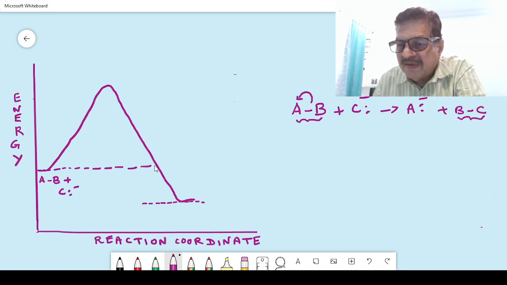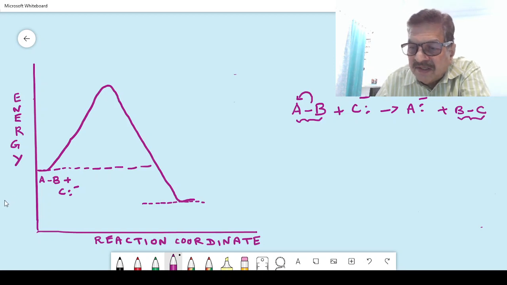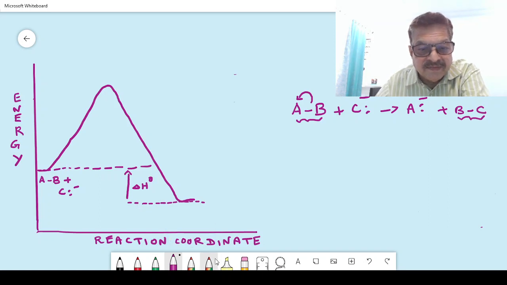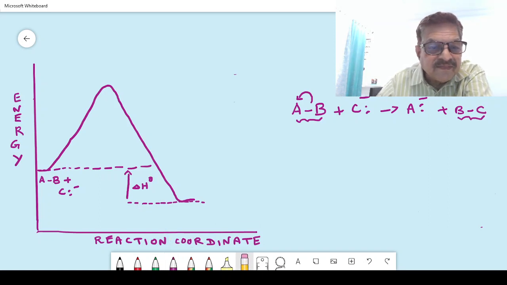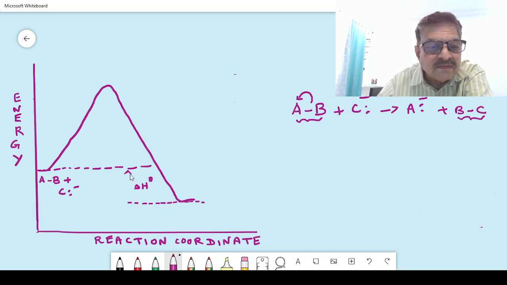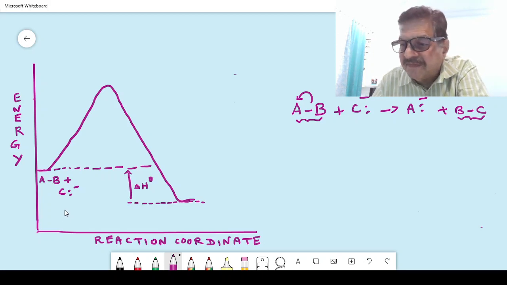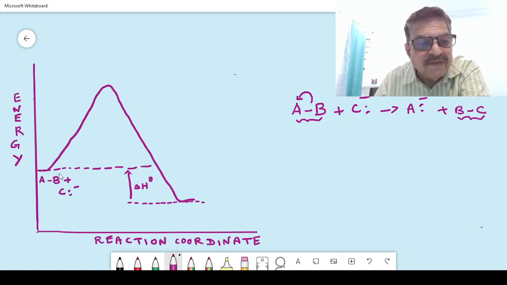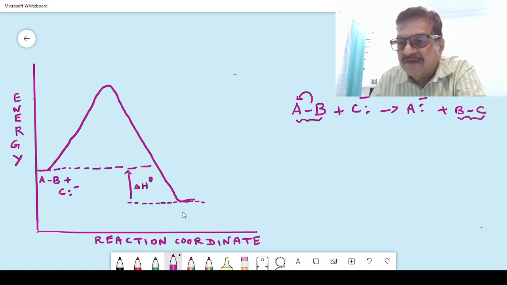Okay, now this is our heat of reaction, that is the enthalpy change here. Delta H of the reaction here. Correct? This is delta H. Now this is the energy of the reactants and this is the energy of the products here.